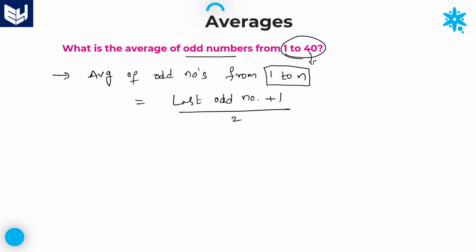If the ending number is even, you take the last odd number, that is the number before it. From 1 to 40, the last odd number is 39. 39 plus 1 is 40. 40 divided by 2 is 20. Therefore, the average of odd numbers from 1 to 40 is 20. That is the required answer for this question.